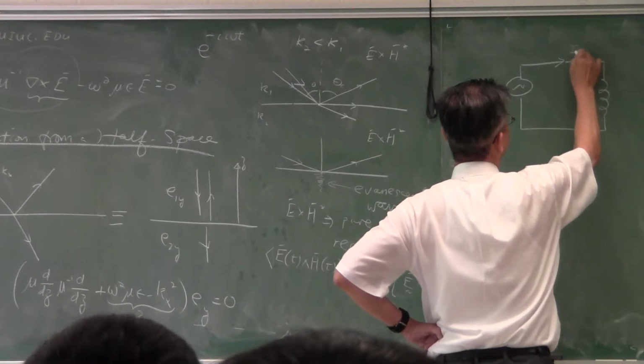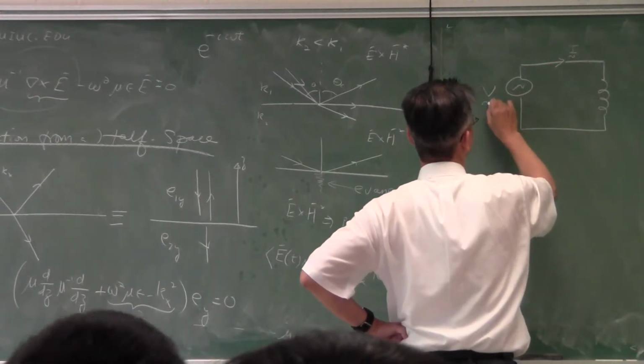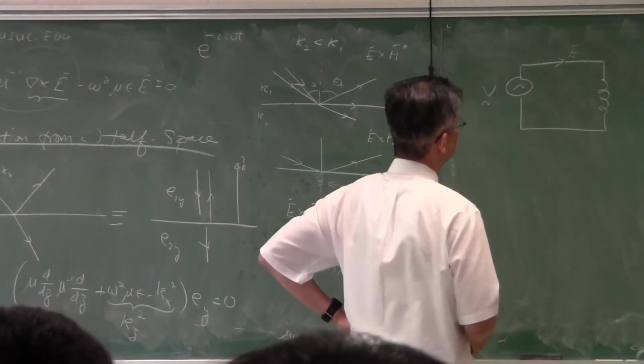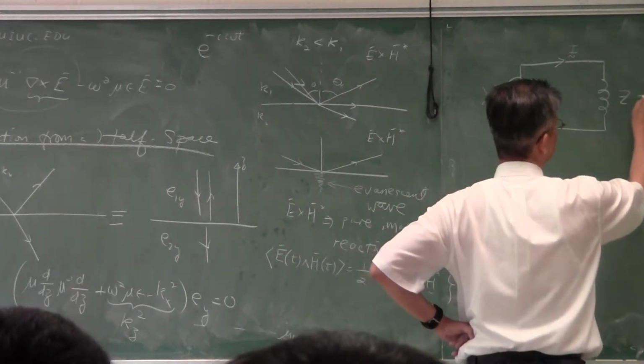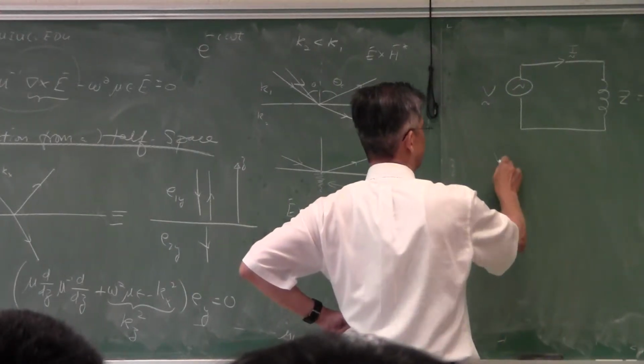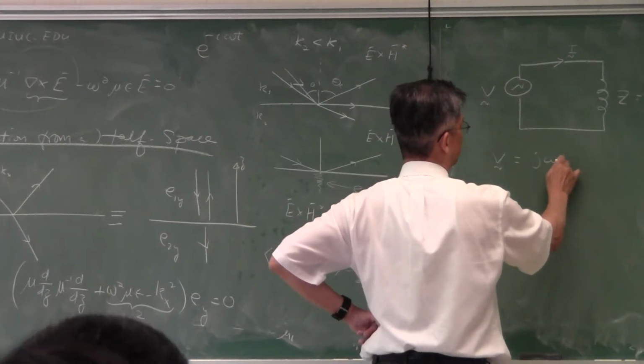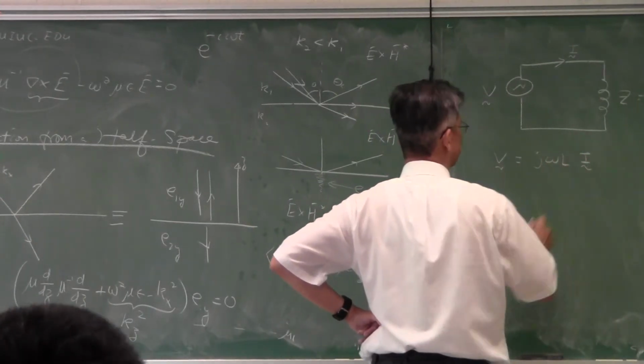So you have a current, you have a voltage, which are phasors. You have an impedance. I use circuit notation, okay, so that V is equal to j omega L I tilde.